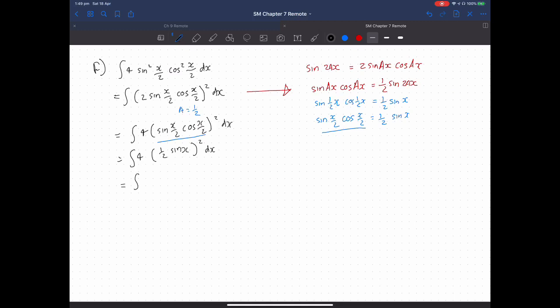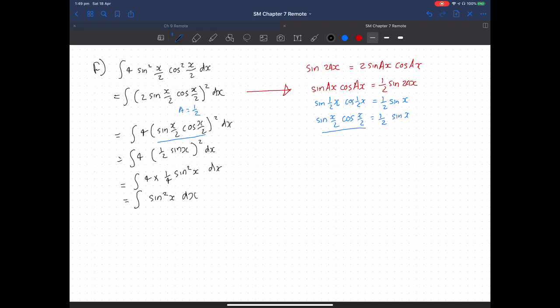What we now get is 4 times 1/2 squared, which is 1/4, sine squared x dx. Tidying that up, we get the integral of sine squared x dx.